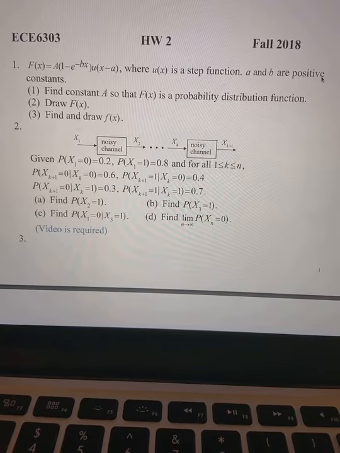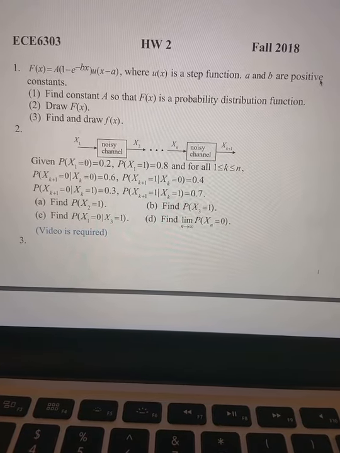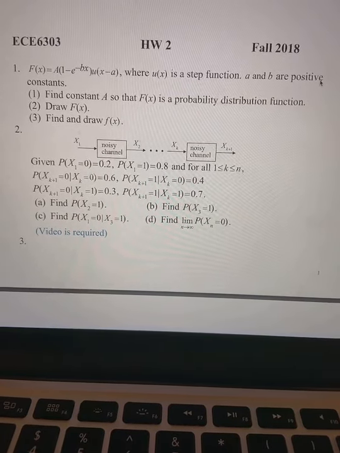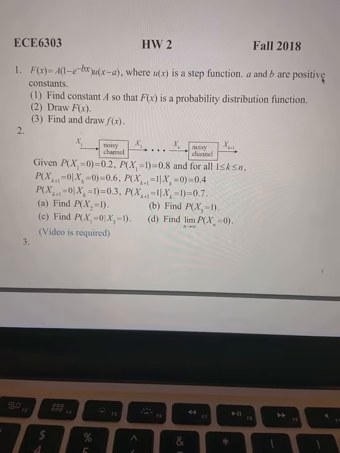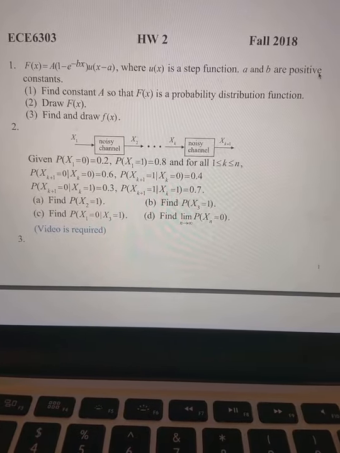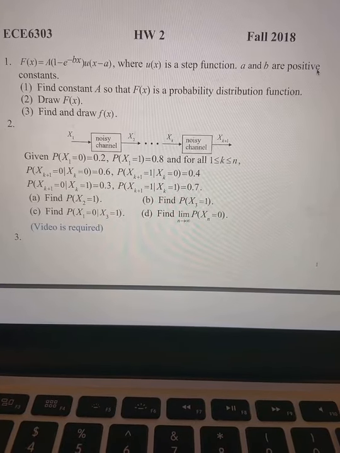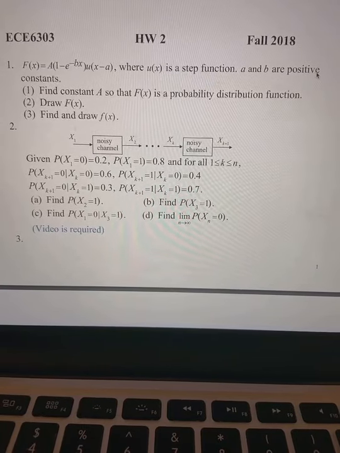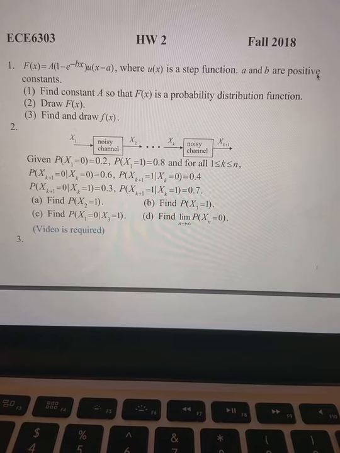And we know that under the condition of xk equals 0, the probability of xk plus 1 equals 0 is 0.6, and the probability of xk plus 1 equals 1 is 0.4.